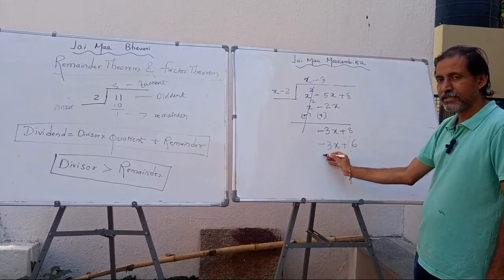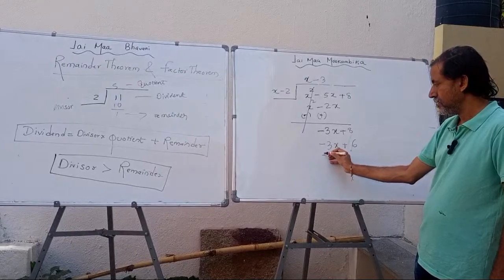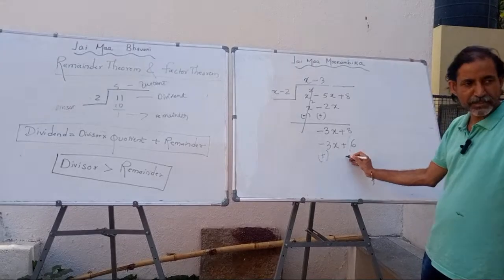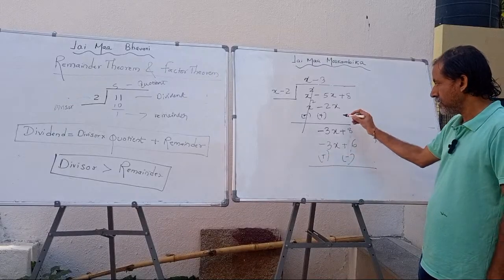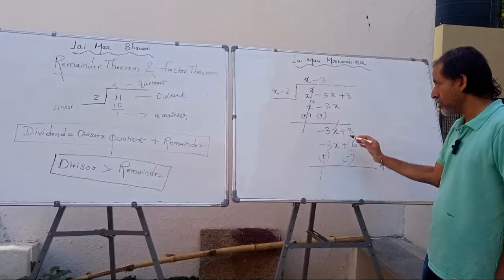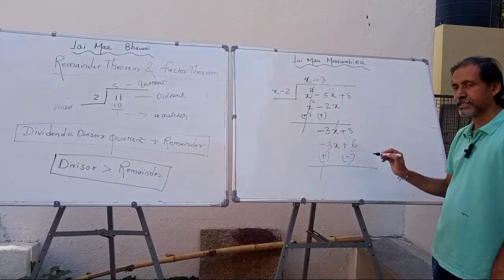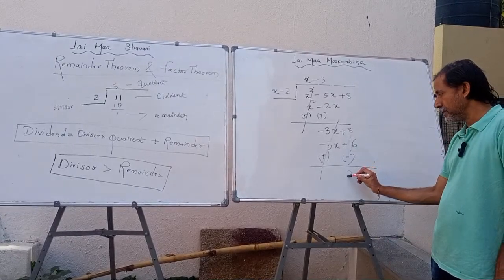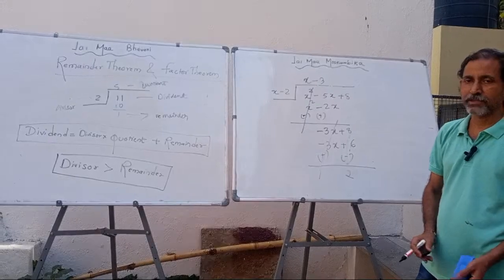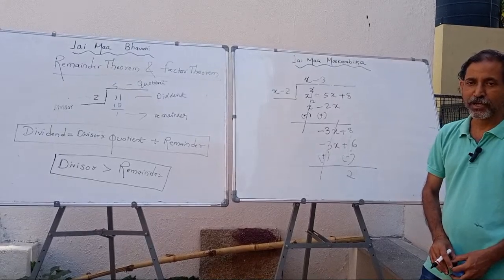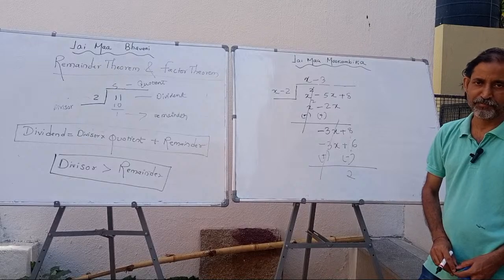So, what will be the sign here? Plus. What will be the sign here? Minus. Full cancel. What about this, 8 minus 6? 2. Remainder is 2. This is polynomial division, which you should have learnt in 8th and 9th standard.